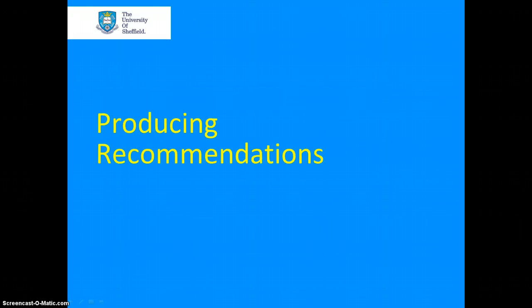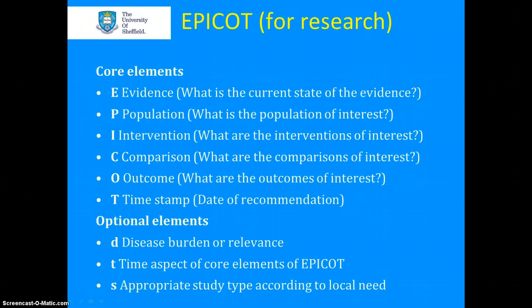Now moving on to producing recommendations. There aren't really structures for recommendations that are universally accepted for evidence briefs as a whole, but we can certainly learn a lot by looking at the recommendations from the BMJ for presenting the recommendations for research.